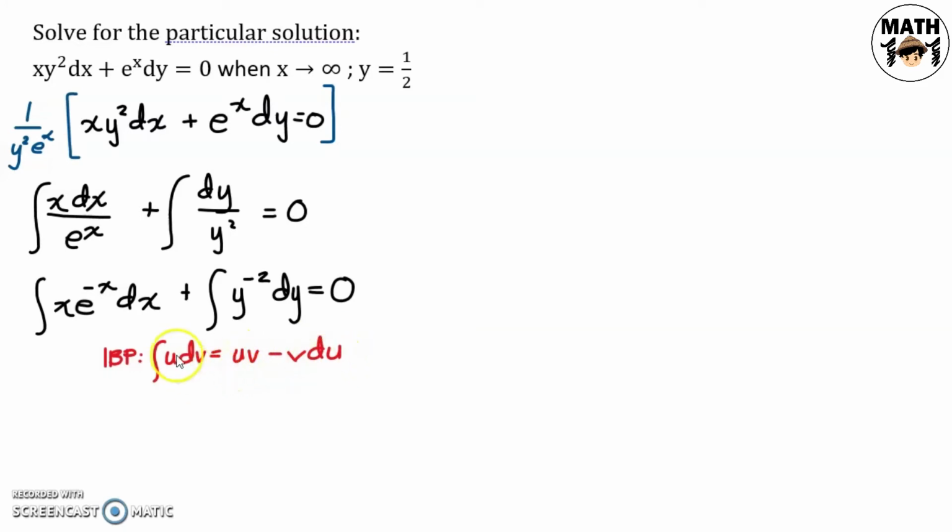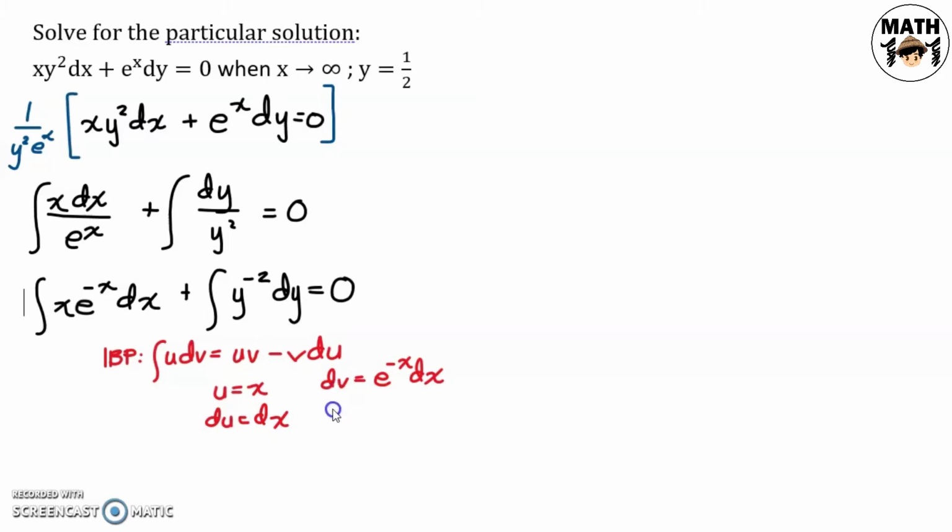So, set natin yung u. Tawagin na lang natin yung x. And yung dv, that is e raised to negative x dx. So, derivative of u is du. And derivative nung nasa right side, that will be dx.